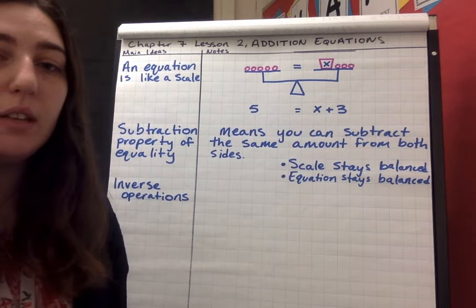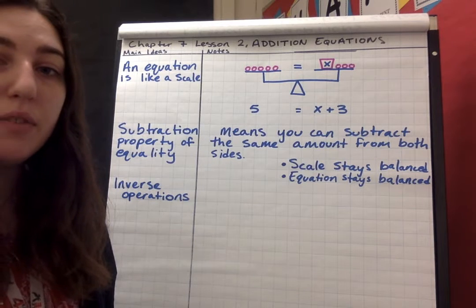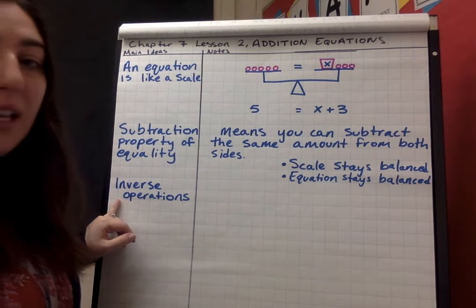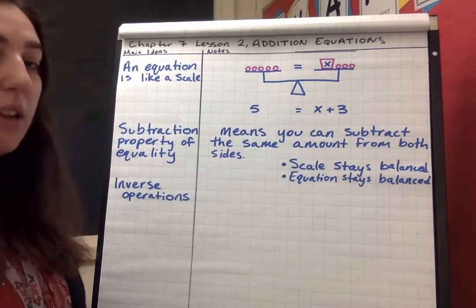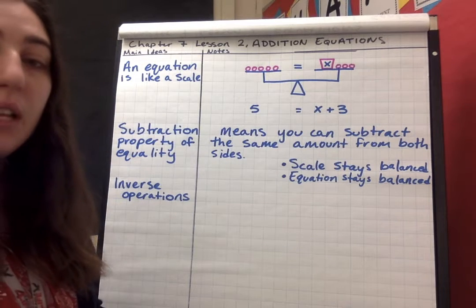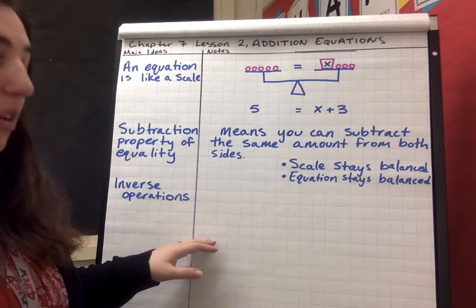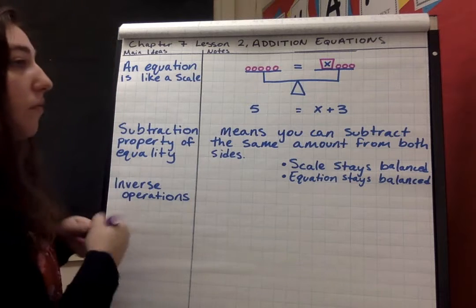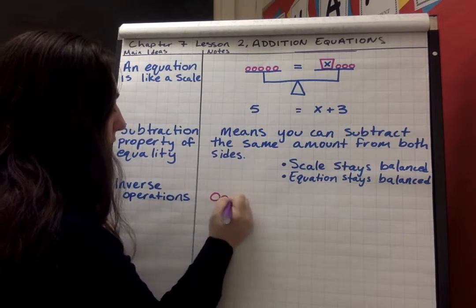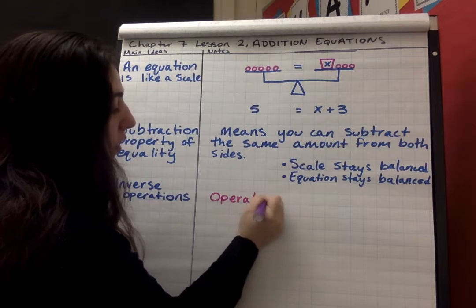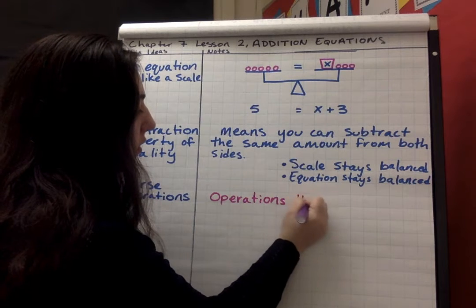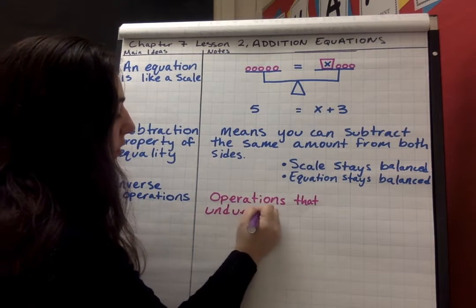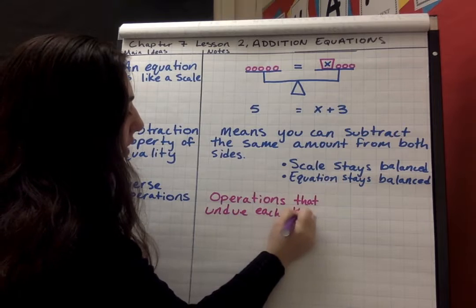Okay, a lot of students think of this as the opposite of something, but it's called the inverse, okay? So it's okay to think of it as the opposite, but it's really called the inverse operations, and they undo each other. So let's write that down. Operations that undo each other.